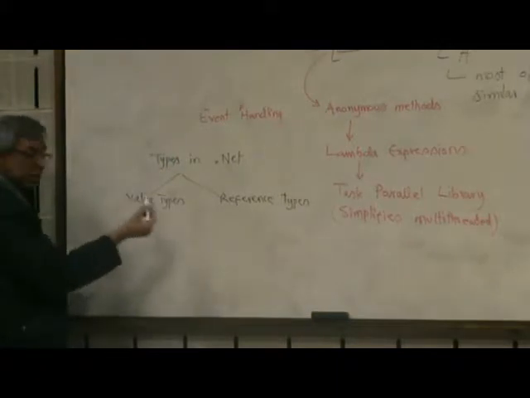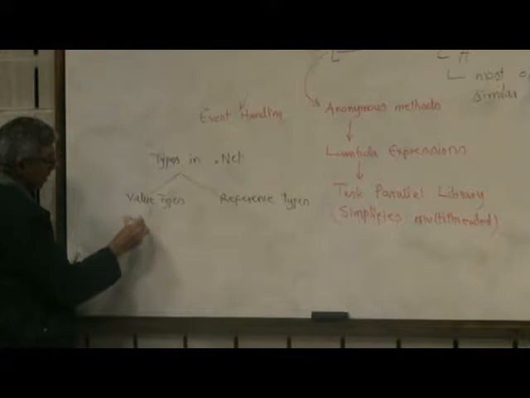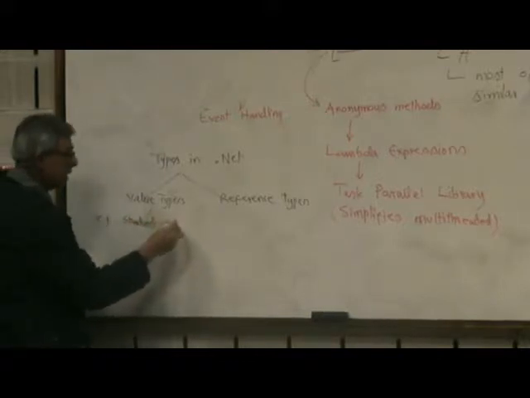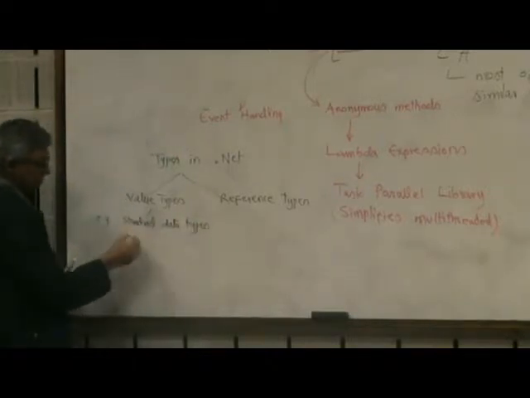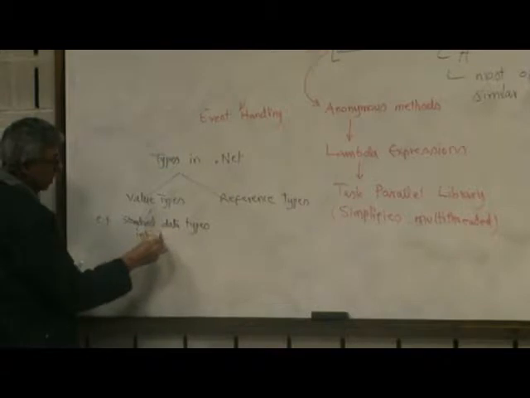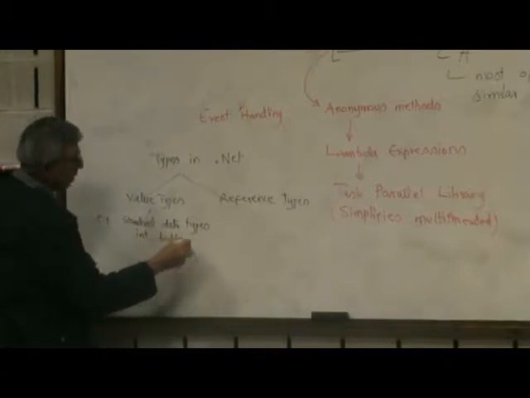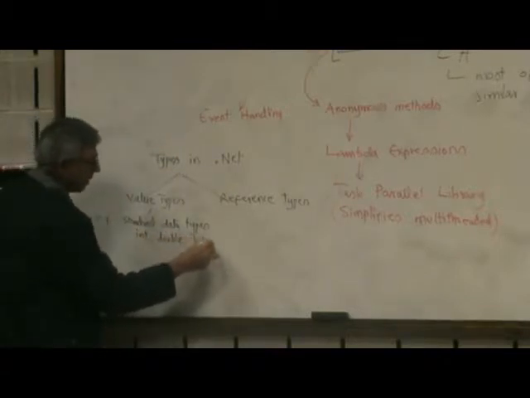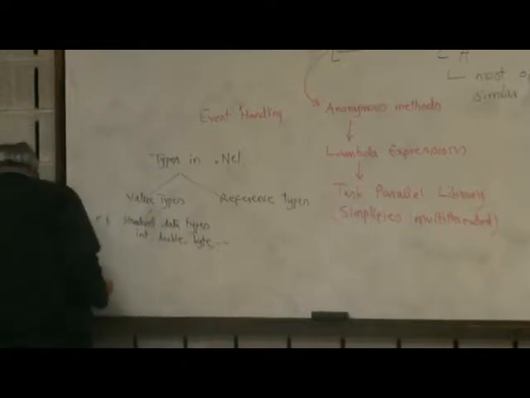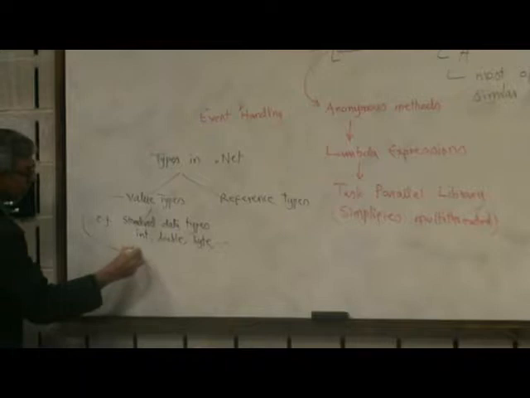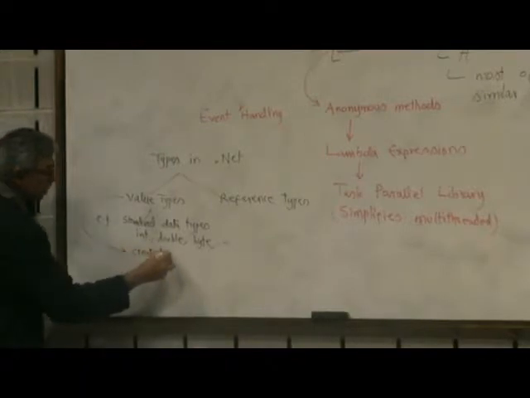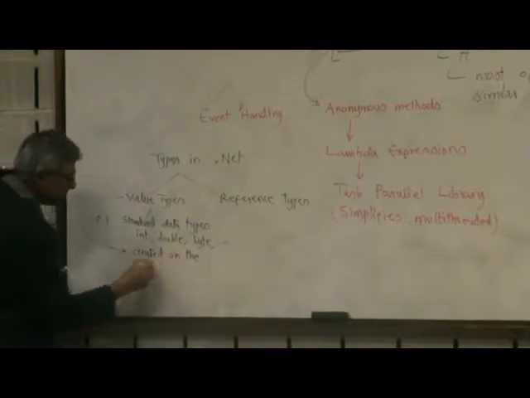For example, standard data types, int, double, byte, and so on, right? Value types, as you already know, are created on the stack, correct?